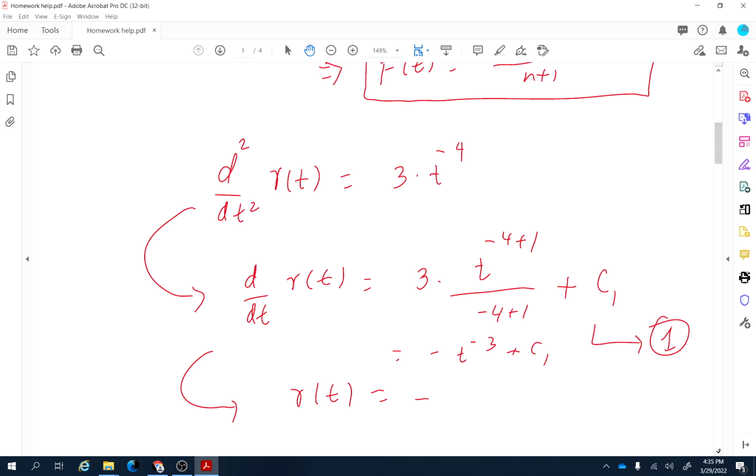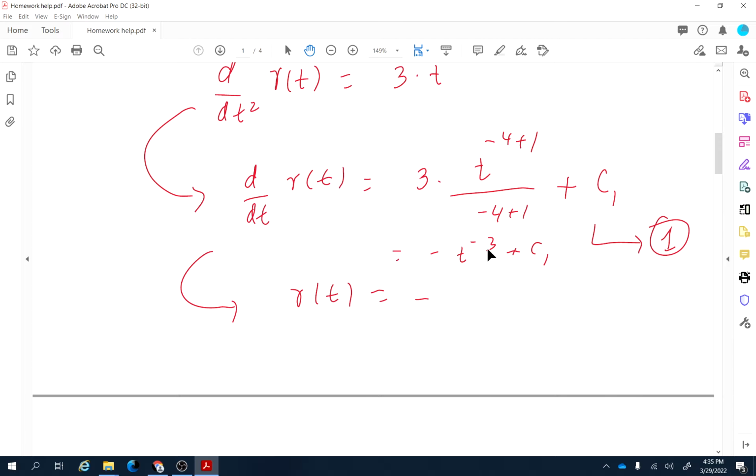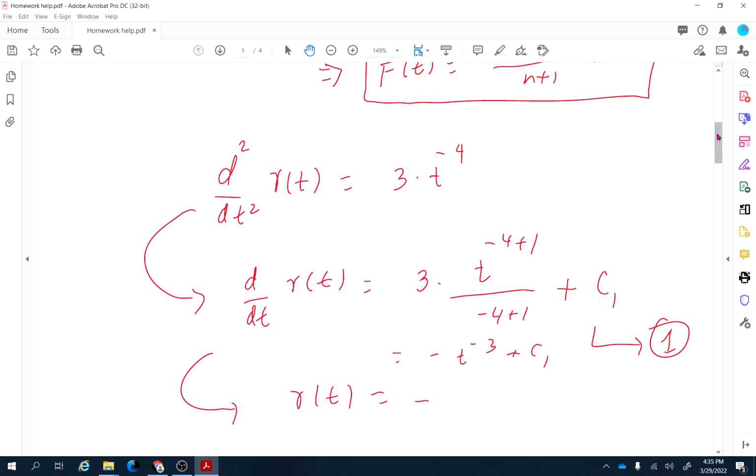Now we would like to apply the antiderivative rule here, the very same power rule. This time for the first term n is negative 3. So by applying the very same rule, I'm going to get t to the power negative 3 plus 1 over negative 3 plus 1 for this part, plus the antiderivative of a constant, which is always that constant times t.